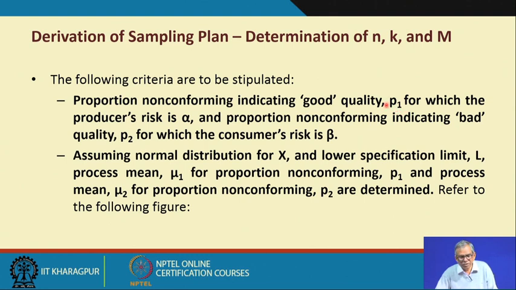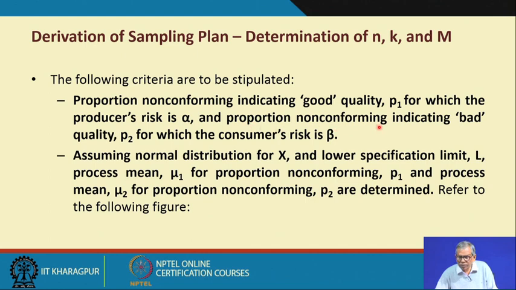That is considered to be good quality in terms of proportion non-conforming, for which the producer's risk is alpha. If the value of P1 is very low, you will find that the producer's risk alpha also will be very low, maybe 0.01 or maybe 0.001, whereas it could be 0.04 or 0.05.